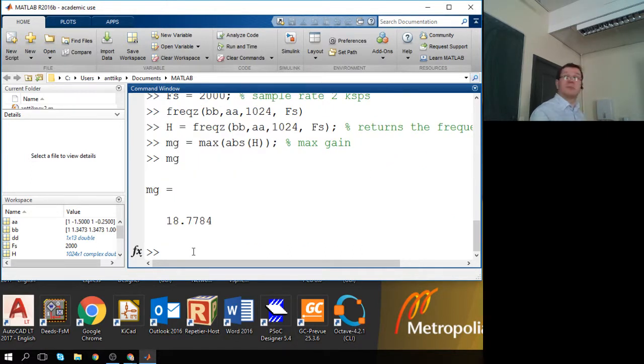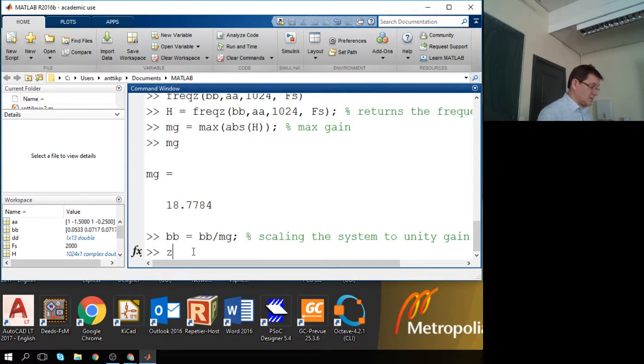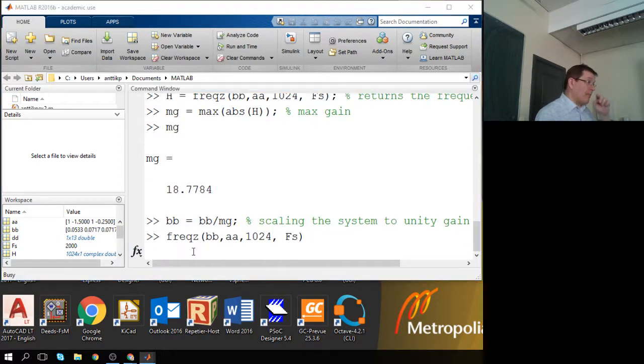Oh, okay, yeah, almost 20 times gain on the system. So what we can do is just simply divide the forward term parameters by that value. So we just basically add one more division on the system. And then, okay, frequency response again.